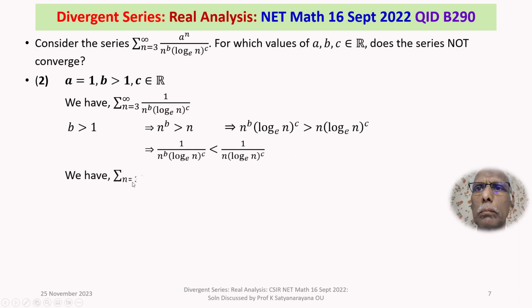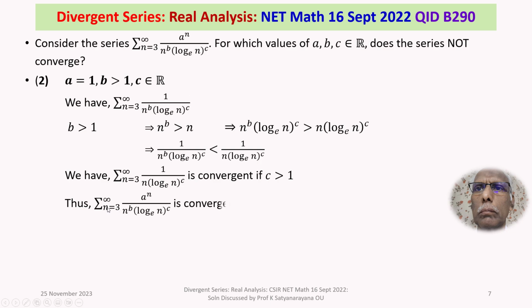Agreed. Now we have the series sigma n = 3 to infinity 1 by n (log n)^c is convergent if c is greater than 1. This is a very well known result. So by the comparison test, this series is convergent.